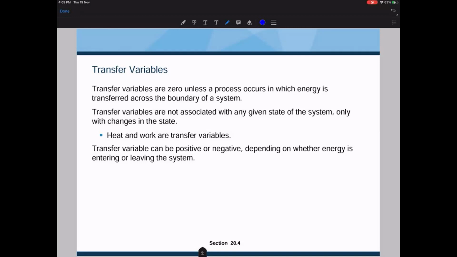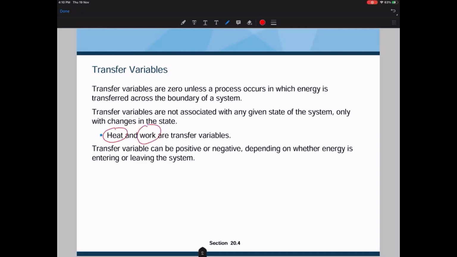But if you have the system that lives by itself, there would not be any work done, and there would not be any energy transfer across the boundary. So an isolated system would not have transfer variables, or the transfer variables would be zero unless you have a process that takes place. In this regard, there are two types of energy transfer processes, heat and work done. They are the transfer variables.